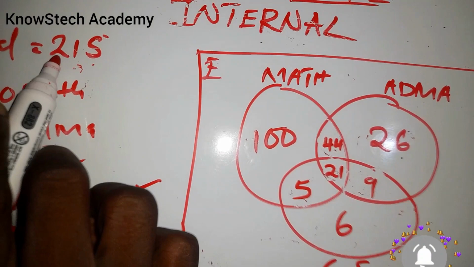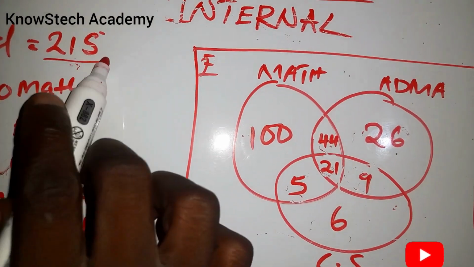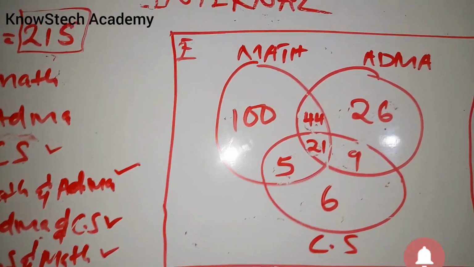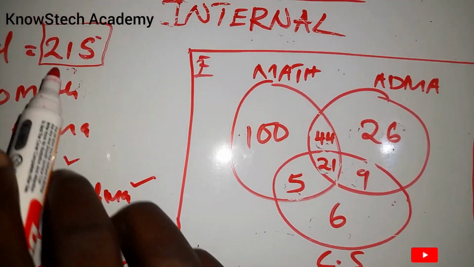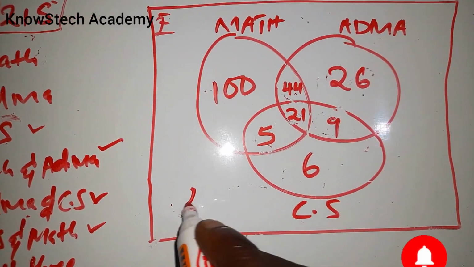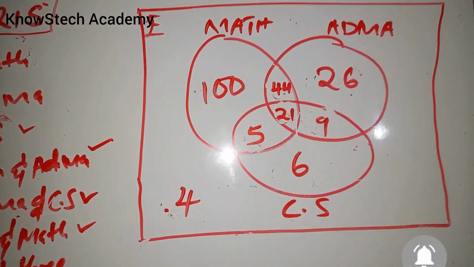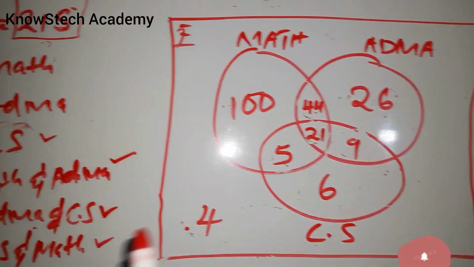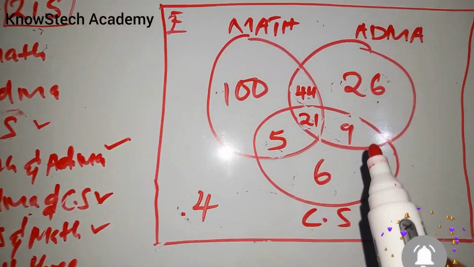So when you compare it to the total number of teachers which we are given there, it's less. 215 minus 211, 4. So 4, we're going to write it outside. So we've illustrated this information to the Venn diagram.